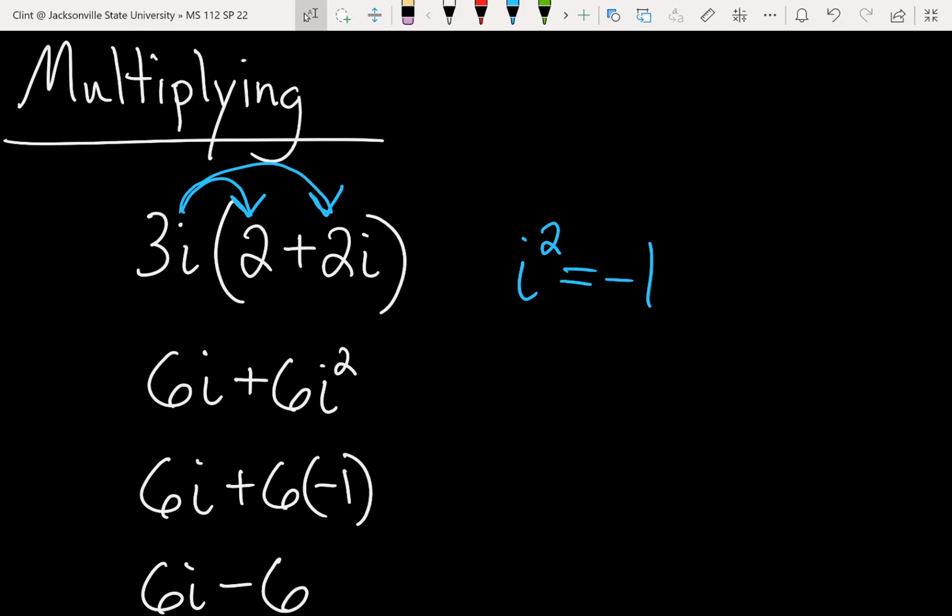And then we started looking at multiplying a little bit. We said we still can treat i like a variable and use all the same rules we do when we multiply with x's. But when we go to simplify, you're going to make use of the fact that i squared is -1, so we don't want to leave i squareds in our answer.